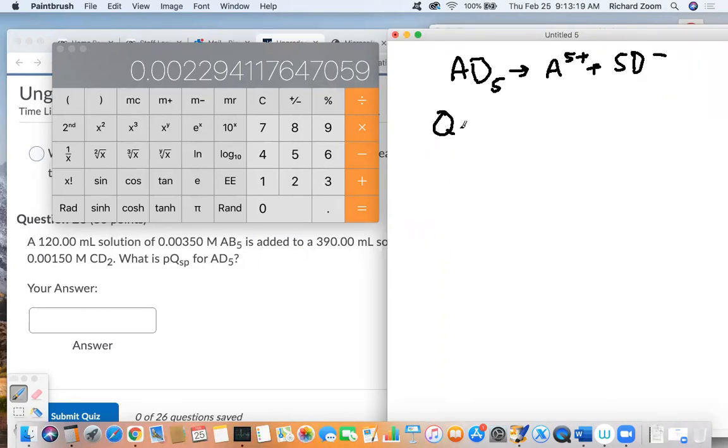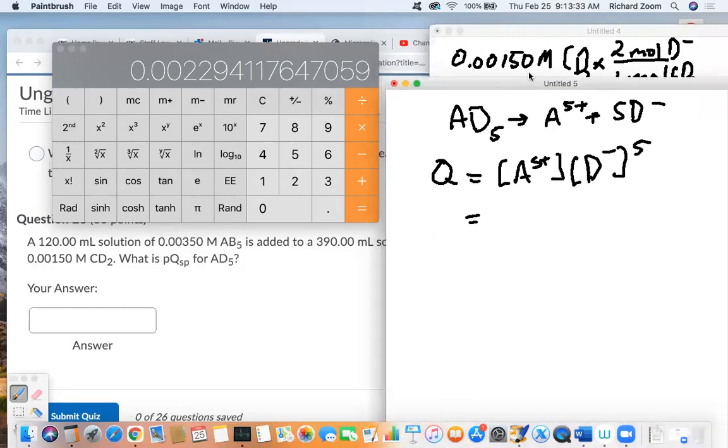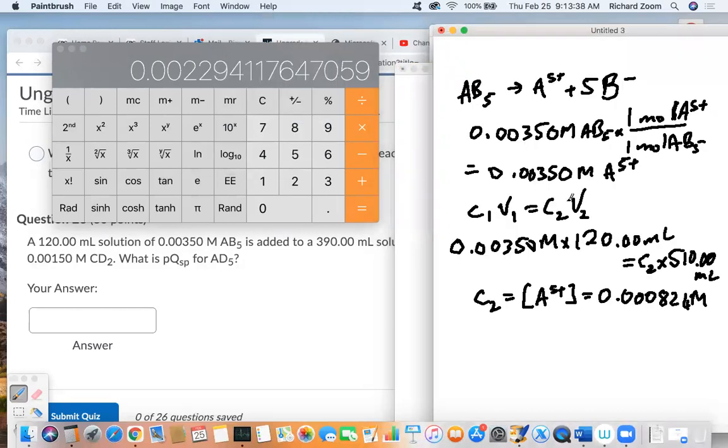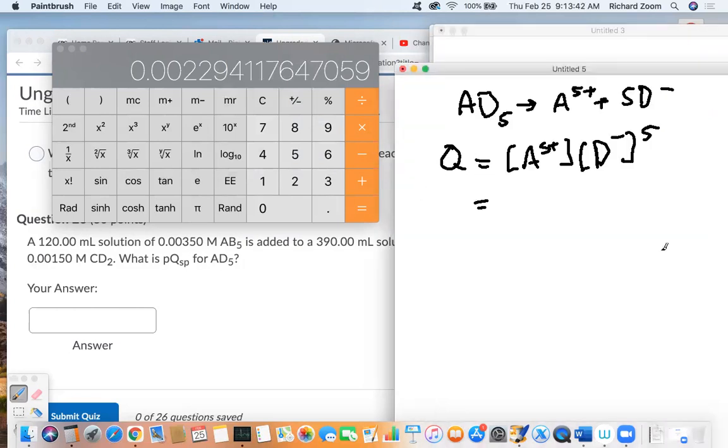The Q value is going to be A5 plus times D minus to the 5th. The A5 plus is what we got, there we go, 0.000824 molar.